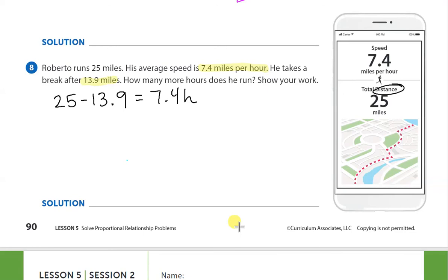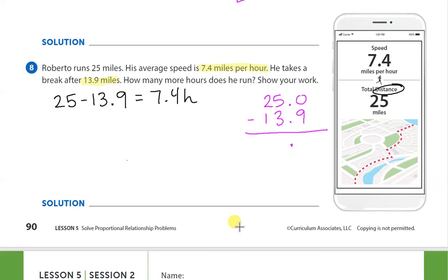So 25 minus 13.9, I'll do that work over here. 25 minus 13.9. Now there's this empty space up here. I'm just going to fill it in with a 0 because that helps me keep things lined up. And then once the decimals are lined up for subtracting decimals, you can just pretend it's not even there.